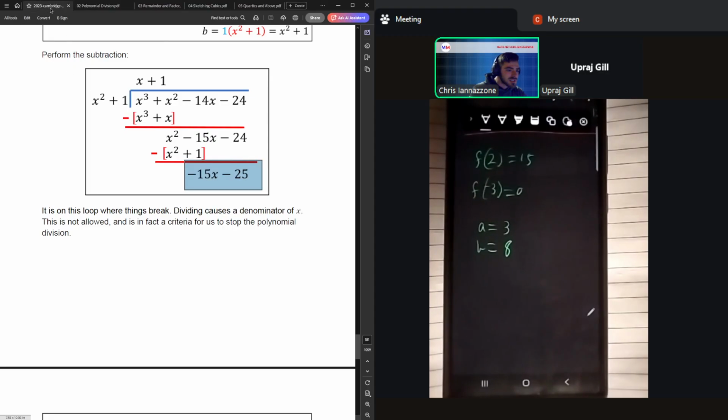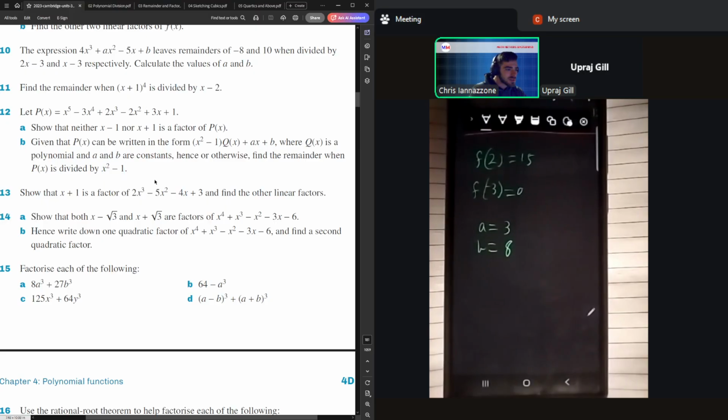Because we're left with some linear at the end, what do you think we're going to therefore do to solve A and B? Is it just like compare to the remainder? Yeah, precisely.